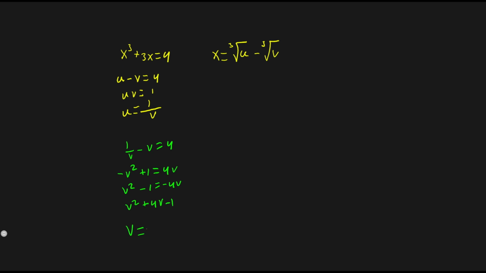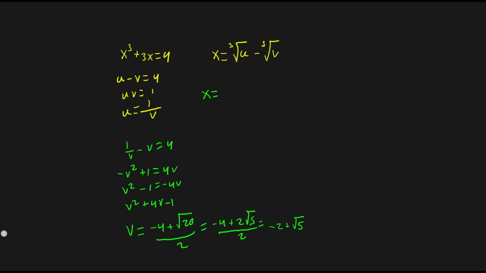So we get v is equal to negative 4 plus the square root of 20, because 4 squared is 16 and negative 1 times negative 4 is 4, so 16 plus 4 is 20, over 2. We will get negative 4 plus 2 root 5 over 2, and that will give us negative 2 plus root 5. So that is what v is.